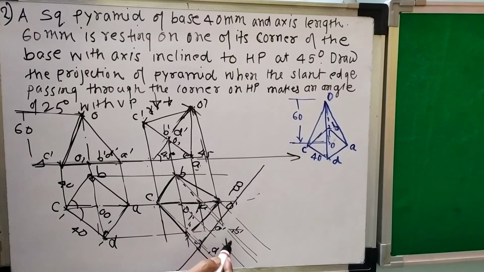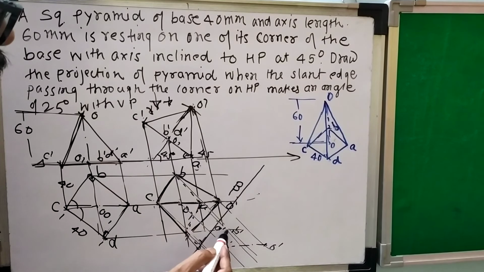So I get A dash, B dash, C dash, D dash, and then O this much distance I will take, and from this O dash, O1 dash, this is the axis.